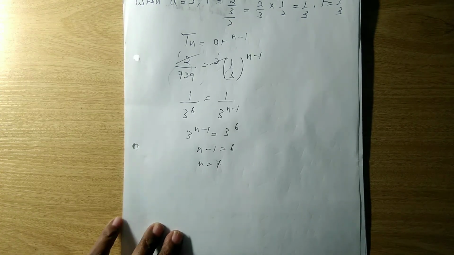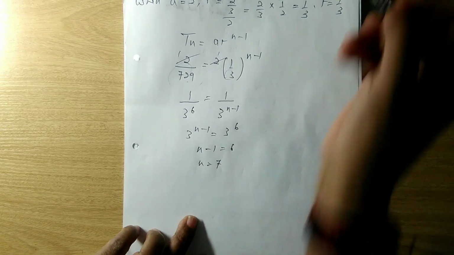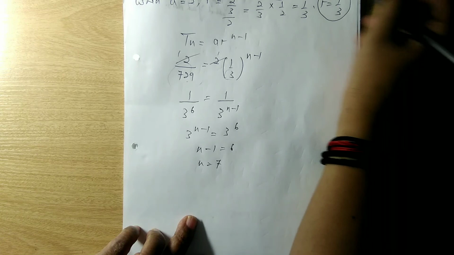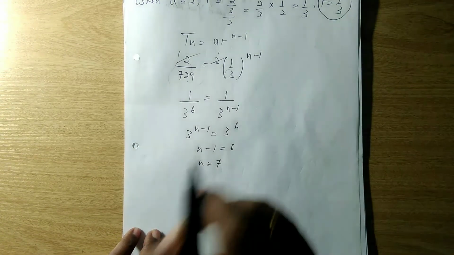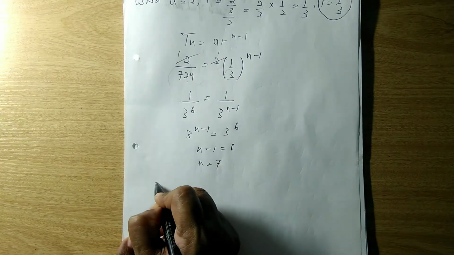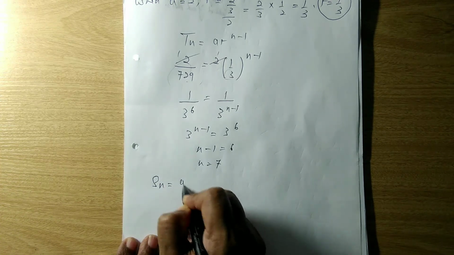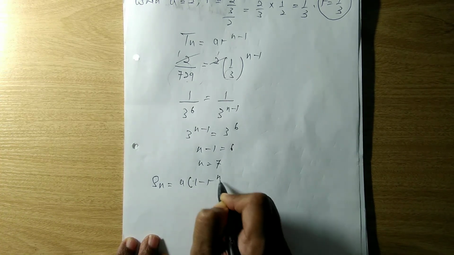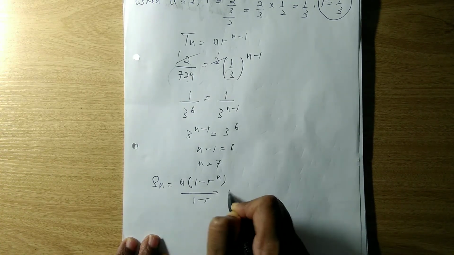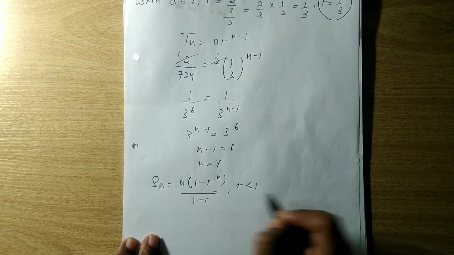Now to find my sum. R is 1/3, meaning r is less than 1. So if it's less than 1, the formula we use is a(1 minus r to the power of n) over 1 minus r. Why did I pick this?